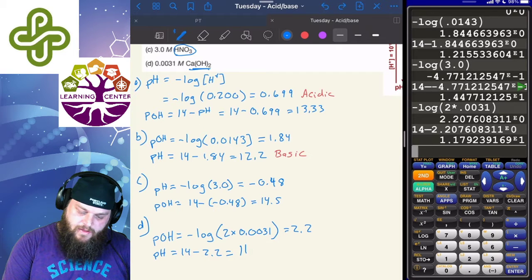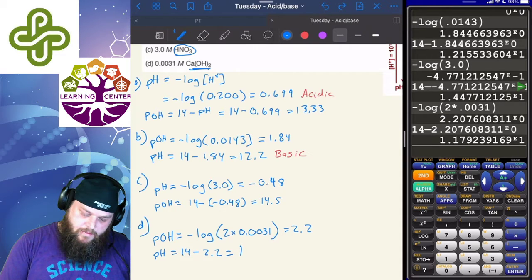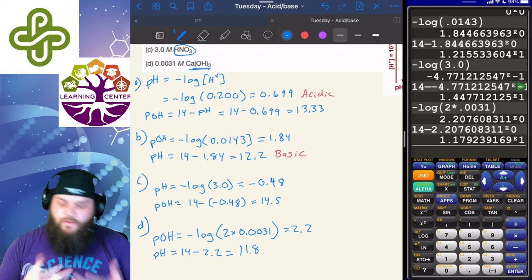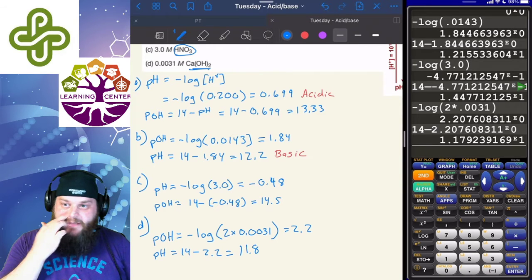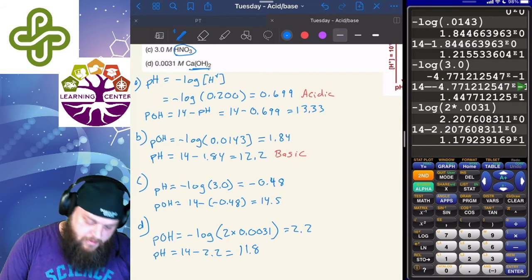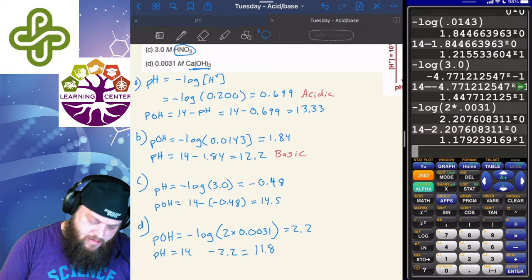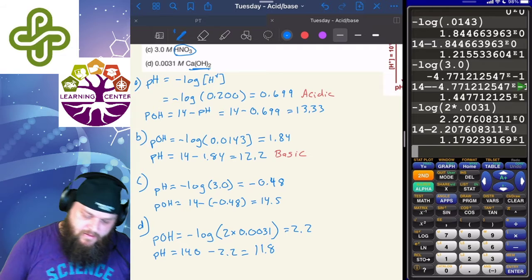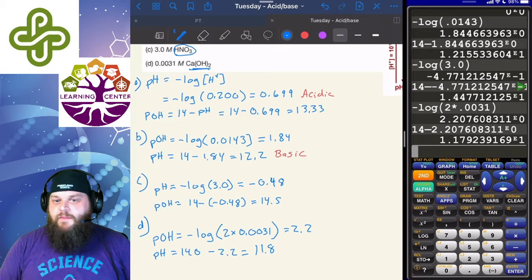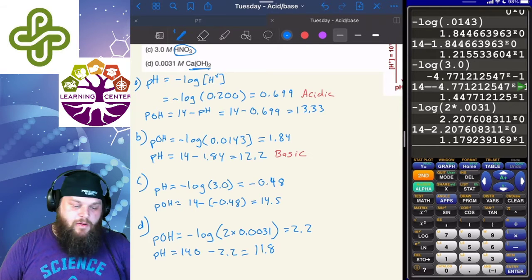Or just say a pH of 12 if we're sticking to that, and here it's say 11.8. For sig figs, when you're subtracting, you go by the last common decimal place, and I'm going to say that 14.0 is a standard conversion rate, so I wouldn't round my sig figs to that. So that would be my answer to part D.